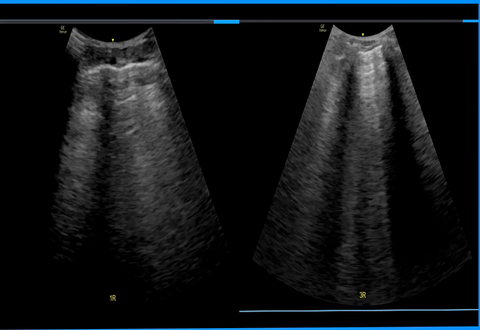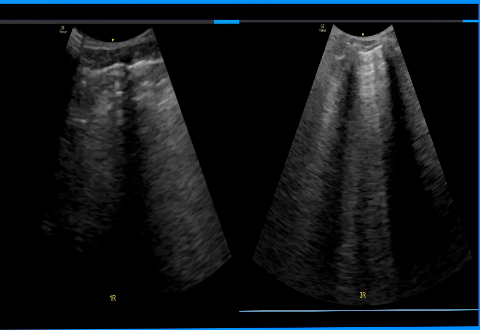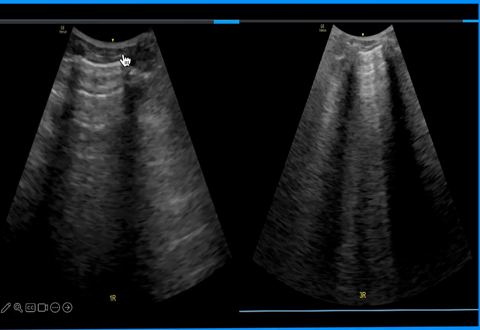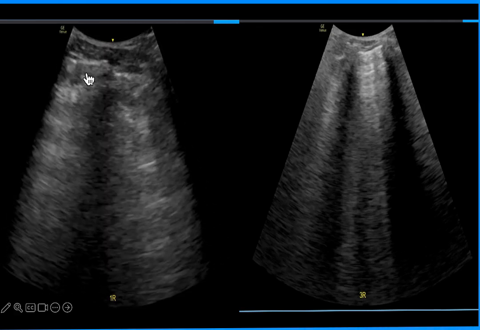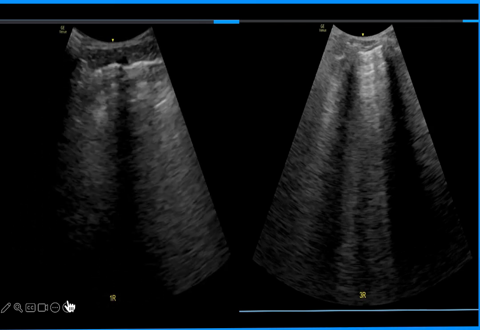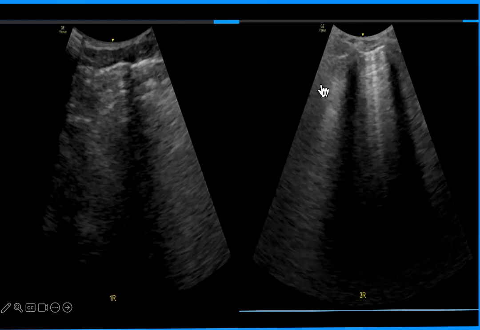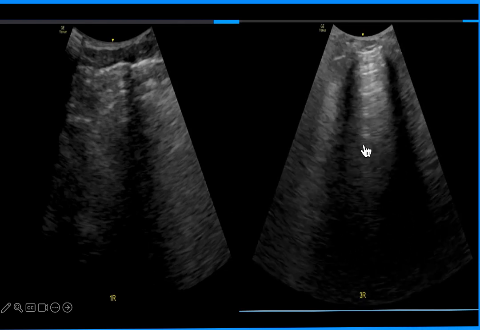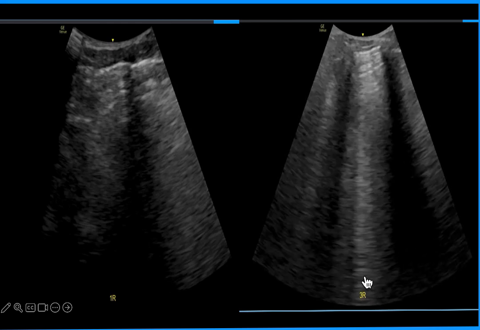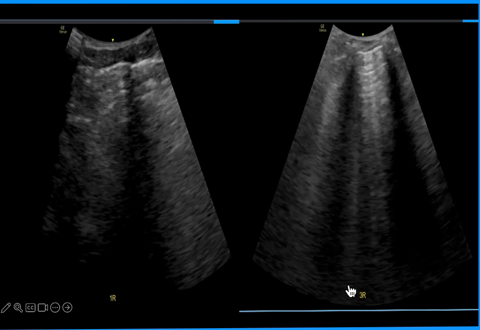The A/B profile is when you scan one portion of the hemithorax and you have a wonderful A profile. There is lung sliding. You're getting nice A lines, okay? And then you're scanning the next hemithorax, and you see some isolated B lines that then come into view, right? Going all the way to the bottom of the screen.